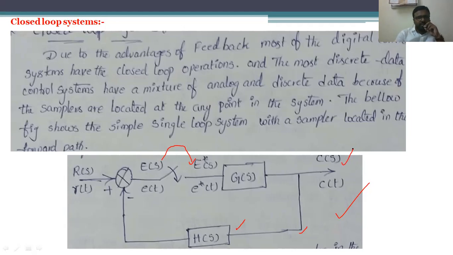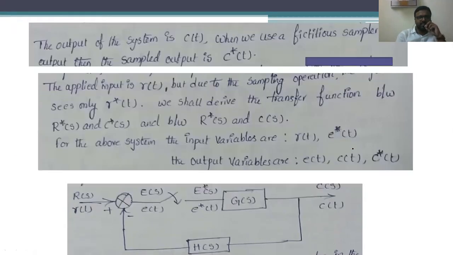Similarly, as with the previous two open loop systems, we are going to frame the pulse transfer function for the closed loop system. As we have discussed, the output of the system is C of s, that is initially C of t, and R of t is the input.